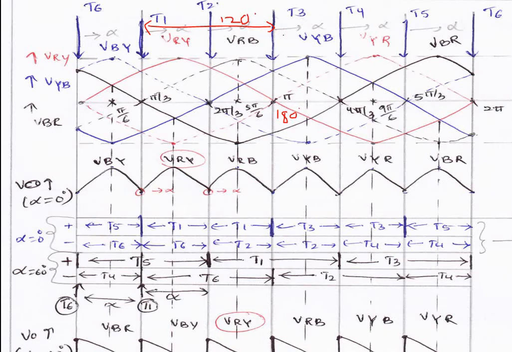T1 conducts for a time period of 120 degrees here. T3 is similarly 120 degrees, and T5 is 60 degrees here and 60 degrees here, total 120 degrees.